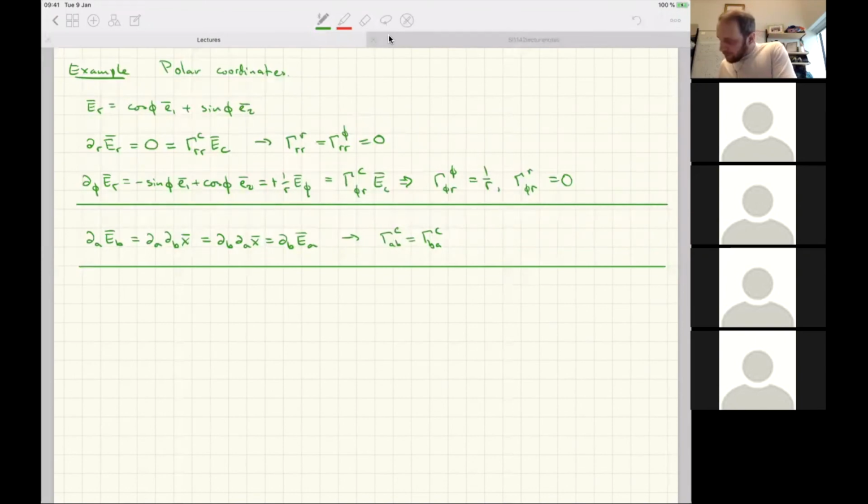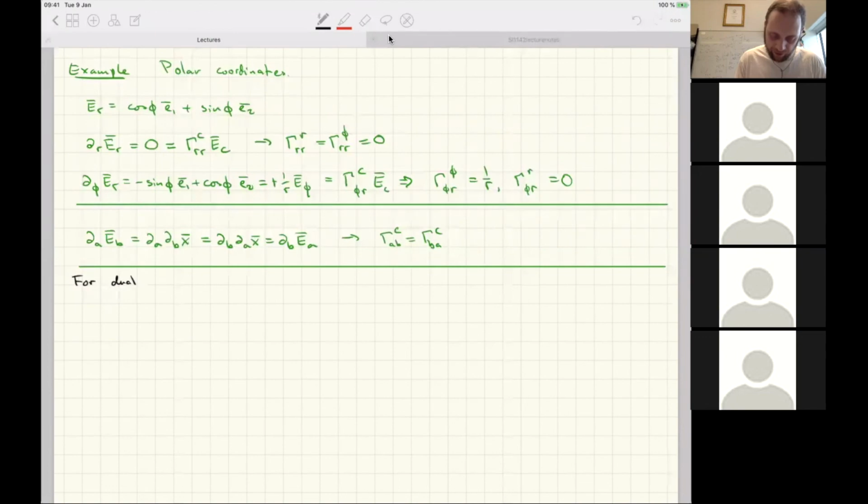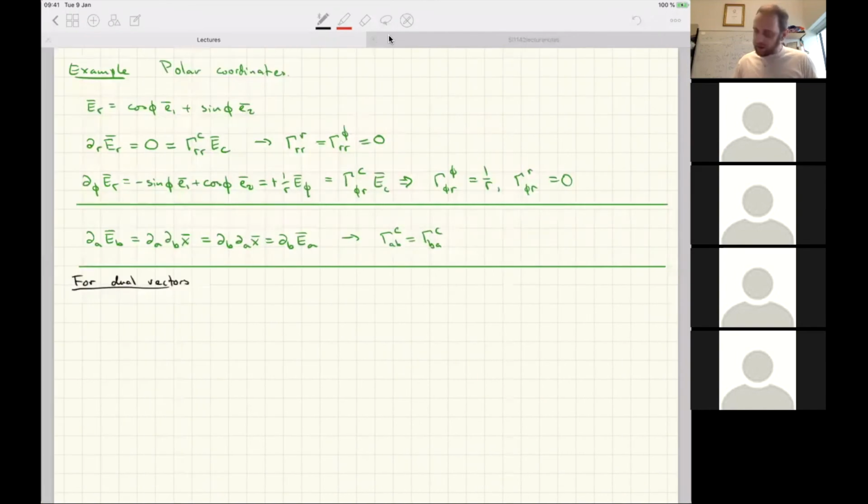So the last 4 minutes is just about enough to discuss how this works for dual vectors. We're going to do something similar for dual vectors, but we're not going to have to do it through this entire derivation that we did here. Instead, let us note the following.